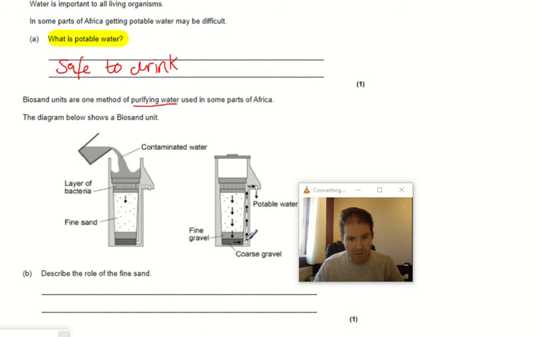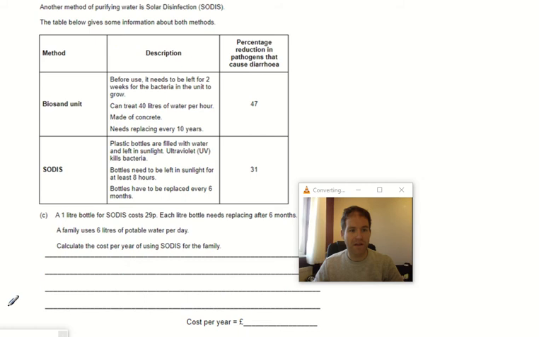And then out of that comes the potable water. So describe the role of the fine sand. This is to filter the water. So it acts as the filter.